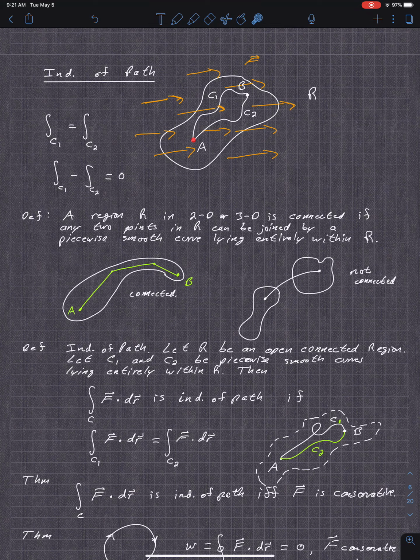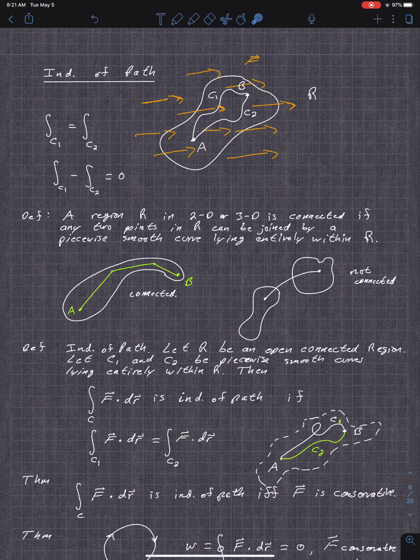If you go from A to B, that path, or A to B, this path, the path being C1 or C2. If you could do any path you want and get exactly the same value for any path, then that's what we say is independent of path.